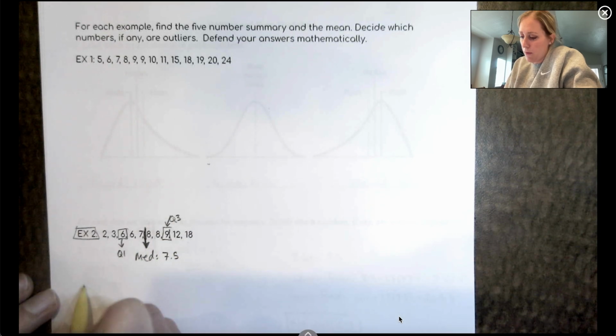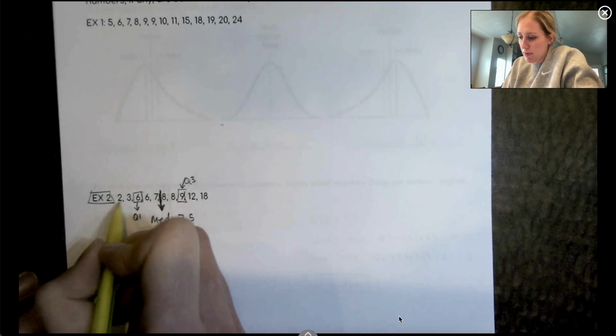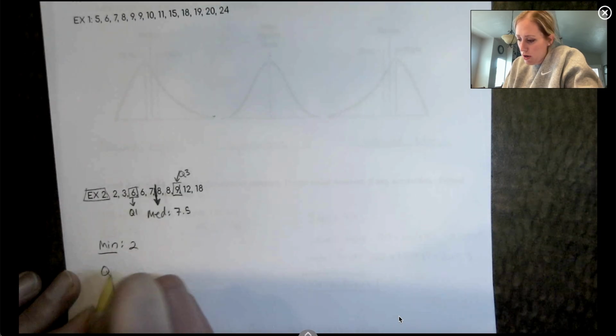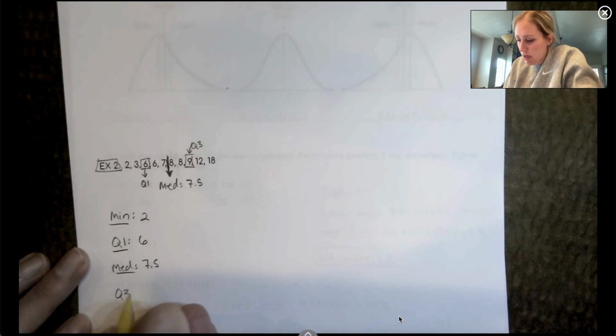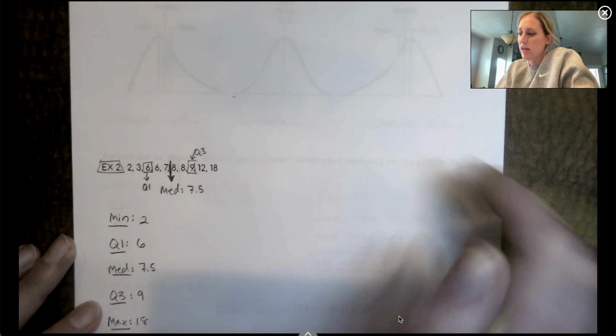All right, so our minimum, I'm going to write this just a little nicer. Minimum is 2. Q1 is 6. Median is 7.5. Q3 is 9. Max is 18.